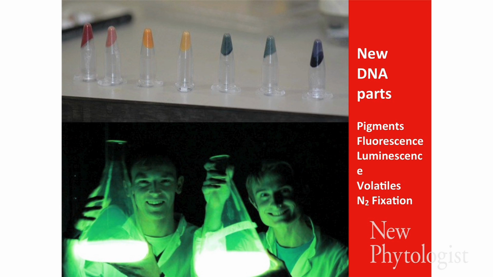And using these kind of processes, you can collect and assemble these different parts. We've got pigments here and luminescence systems. These are from iGEM projects. So Ben and Theo here are being photographed in the light from their own experiment. So these are from highly luminescent microbes that they've generated.